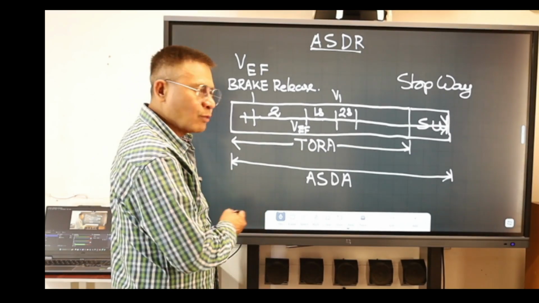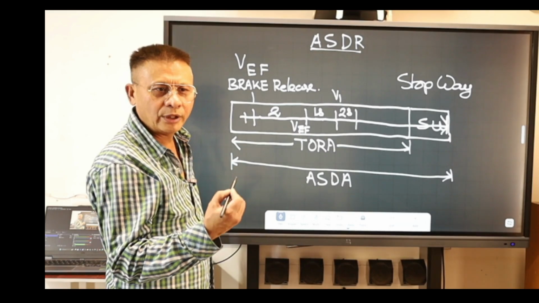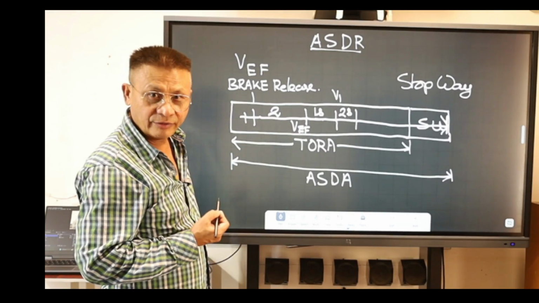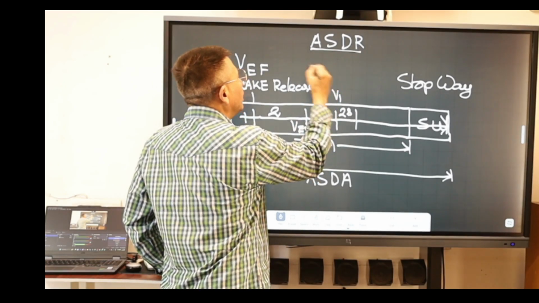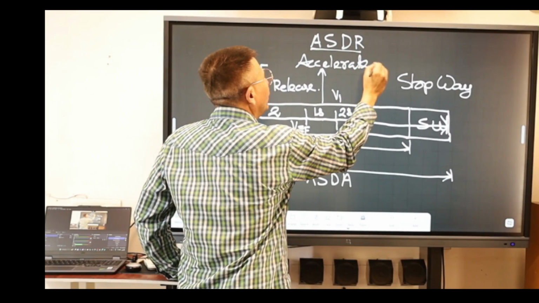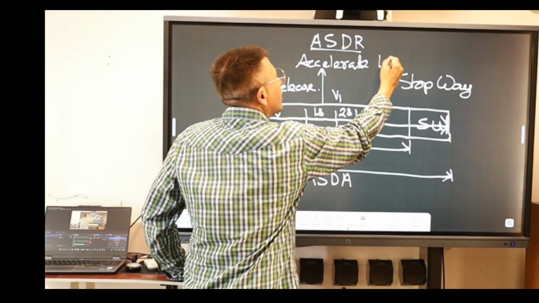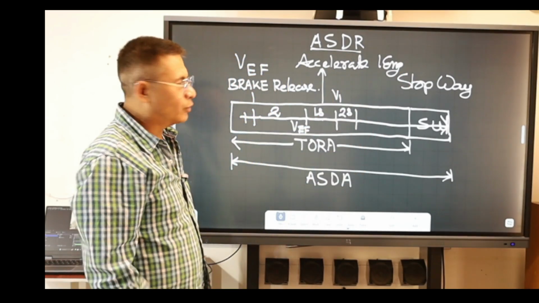During this 1 second period, the aircraft is still accelerating with the operational engine, and therefore the aircraft will accelerate with 1 engine, in case I am talking about a twin engine aircraft.